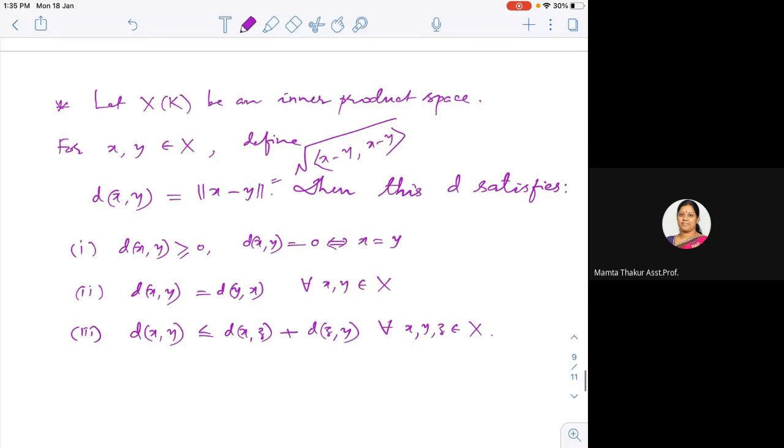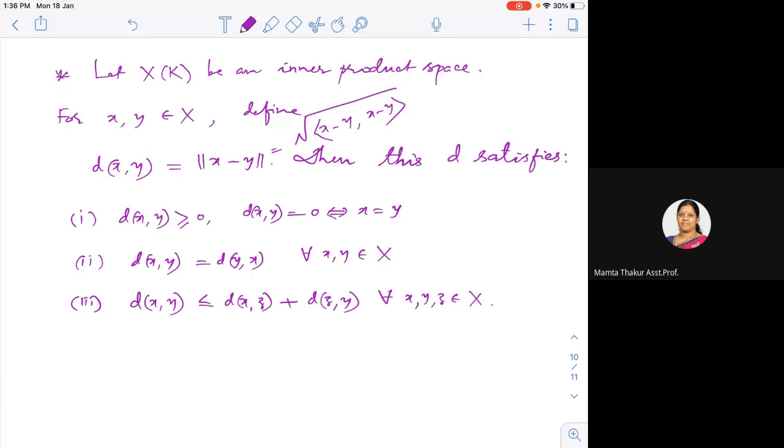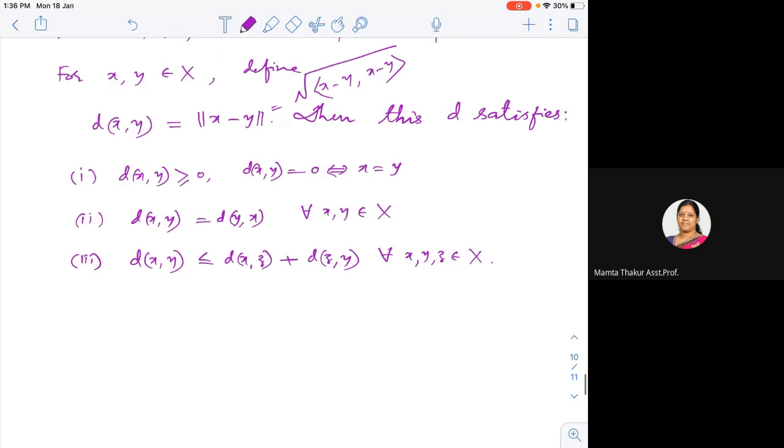So this particular d is going to enjoy these properties. I'm not going to verify these facts, and you can even try on your own. Nothing great in this one, but if I want to prove it, I have to forego so much time. Not necessary also. You can refer to any standard textbook to verify these.